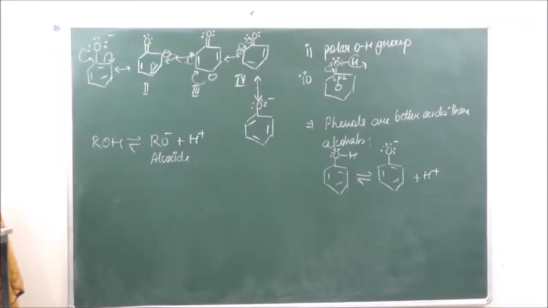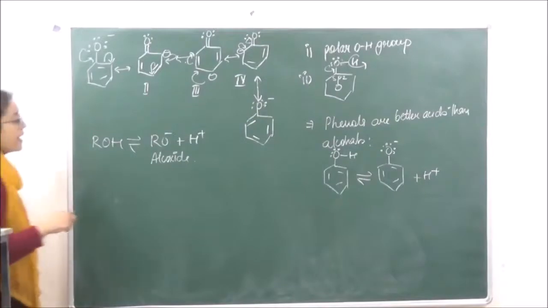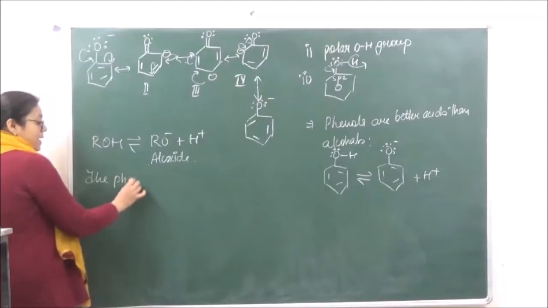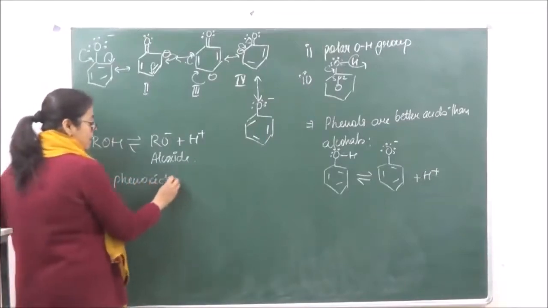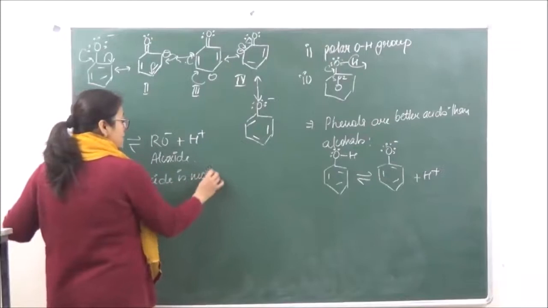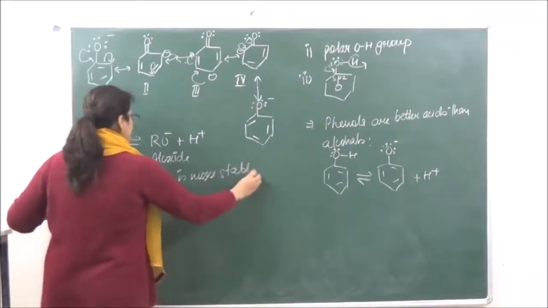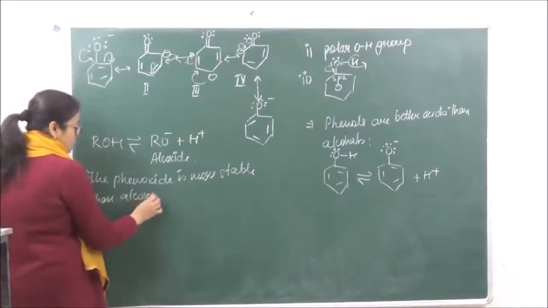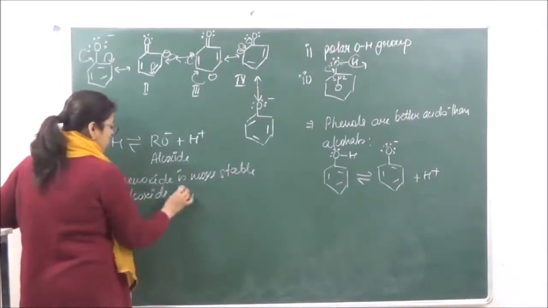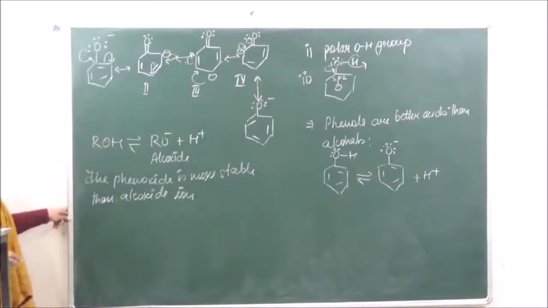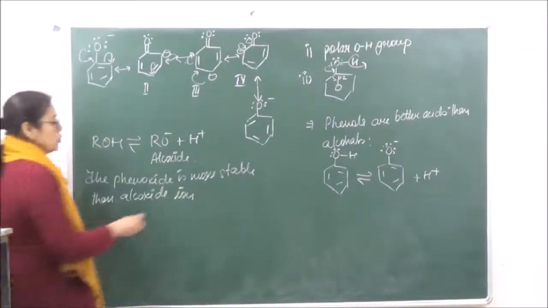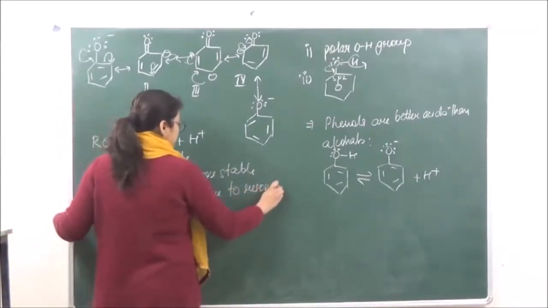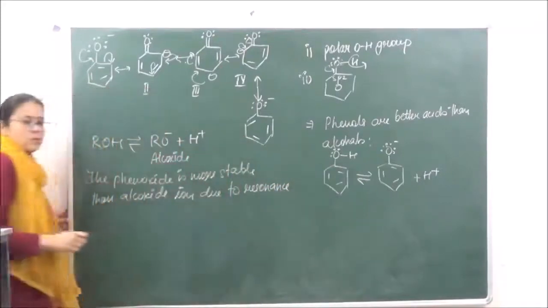Okay, so the reason why phenols are better acids than alcohols is that the phenoxide ion is more stable than the alkoxide ion due to resonance.